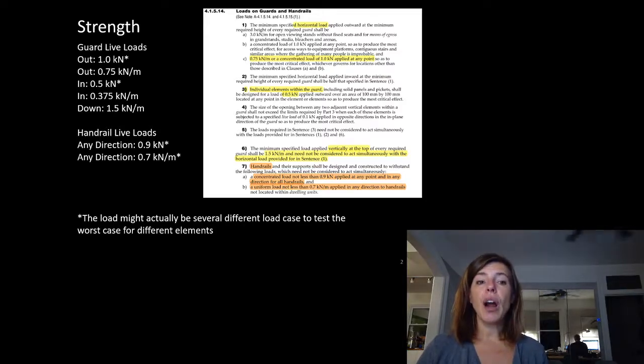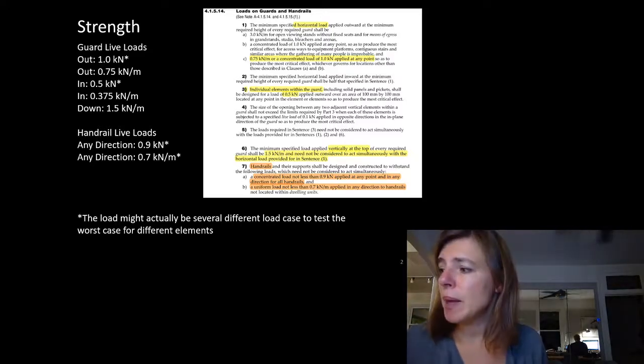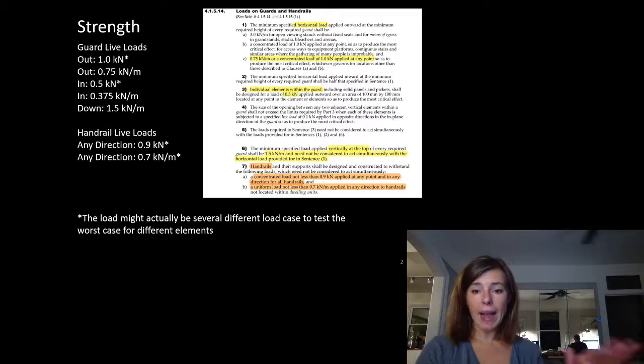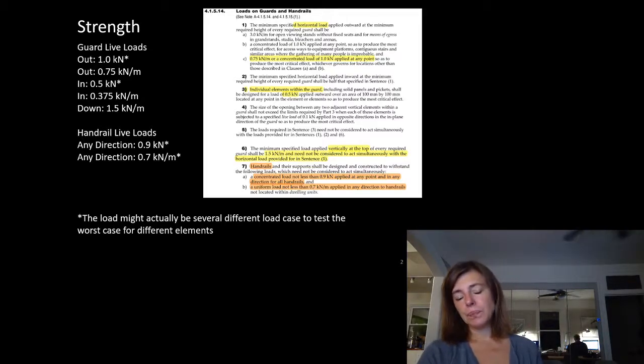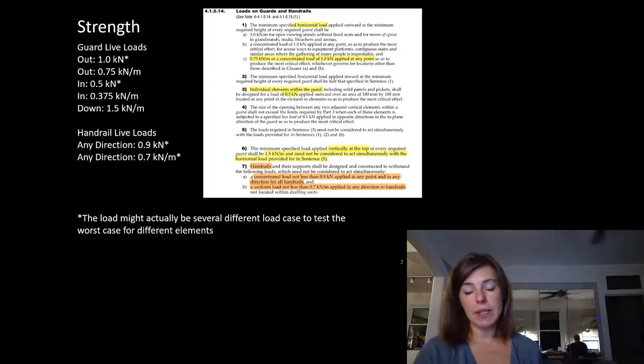So a guard is what you would have when it is preventing you from falling to injury or death. And so it has to be able to resist the load of somebody tumbling and falling and banging into it, or actively trying to bust it. A handrail, alternatively, is just the thing you would use to help you walk up the stairs.